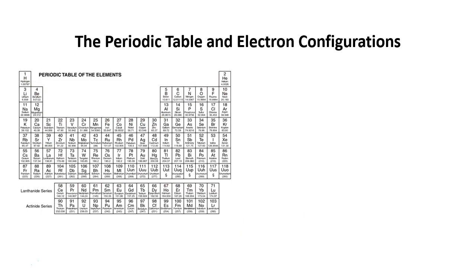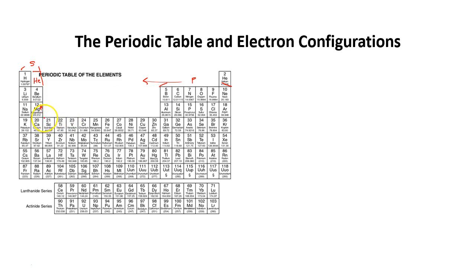All right. So again, bring your helium over here. Let's do the electron configuration for magnesium. All right. So this is the S block. This is the P block.